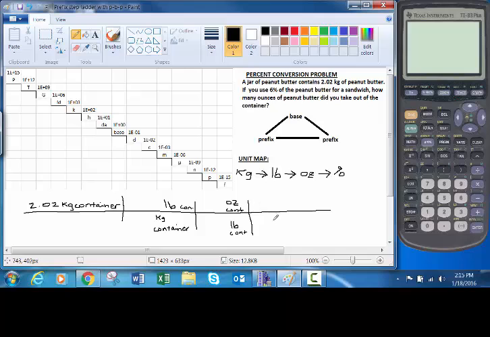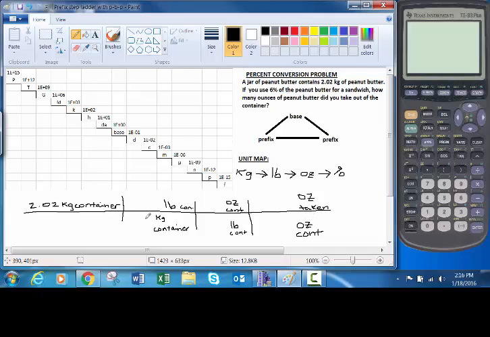If ounces are on top, then we know that we need ounces on the bottom. Now here is where we're going to use our percent or our hidden conversion factor. This is ounces in the container, and we want to know how many ounces were removed or taken. So ounces container and ounces taken are going to be our last units.